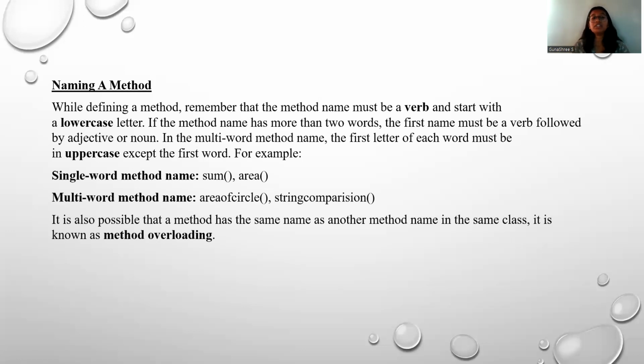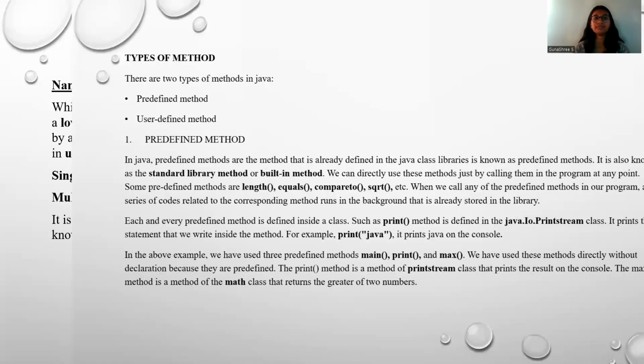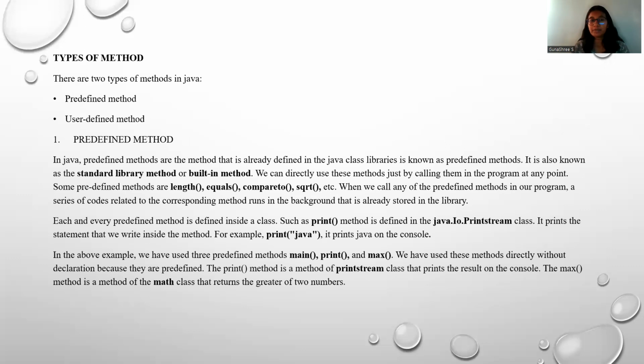There are single-word method names and multi-word method names. A single-word method name contains only a single word besides the parentheses. A multi-word method name consists of more than one word. If a method has the same name as another method in the class, it is called method overloading.